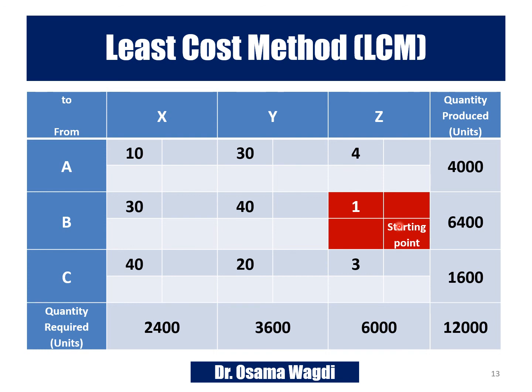Then I continue my solution normally. I choose from the 6400 or 6000, and surely I will pick the smallest number, which is 6000. Then I'll subtract it from the biggest number, which is 6400. It will remain 400. So I'm going to put a small line over the 6400 and write down 400.